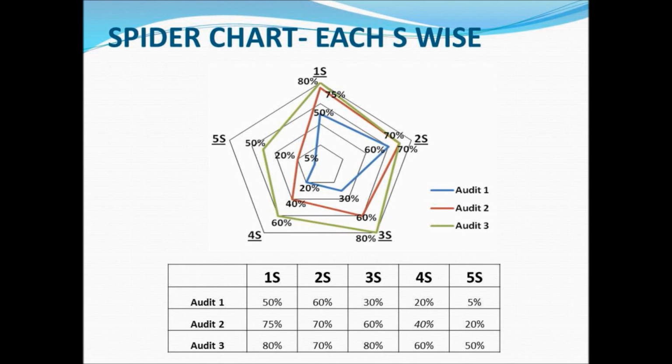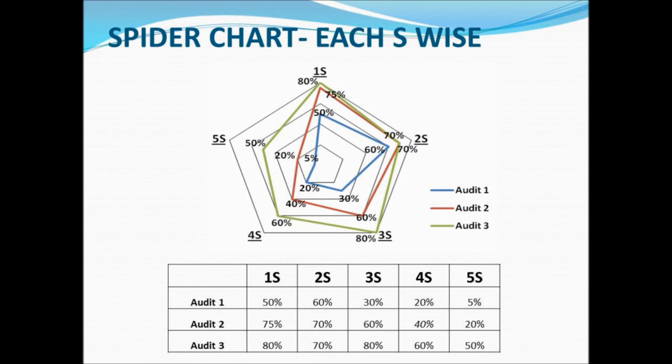Now, how do you really put it on the radar chart, or web chart, or spider chart? There are two ways of putting it on the radar chart. One is that we put all the scores as 1S, 2S, 3S, 4S and 5S. Now it looks like a spider, and therefore it is also called a spider chart. If you look at the 1S score here, in audit round 1, it is 50%.